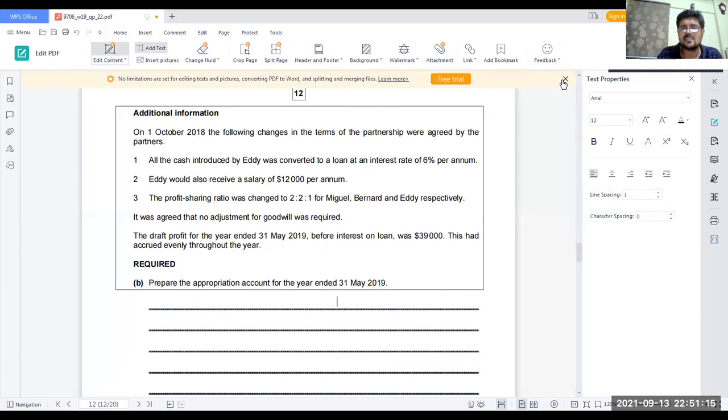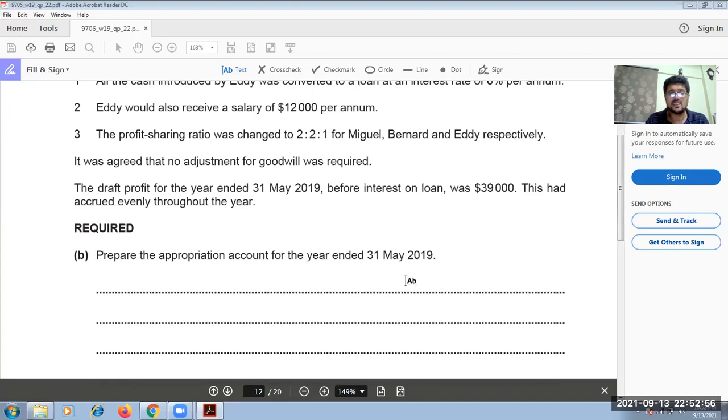Okay, so we have to be very much careful for that. Are you getting my point here? Now, for 4 months, and here we write for 8 months.